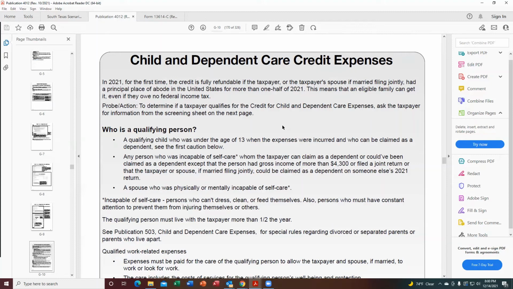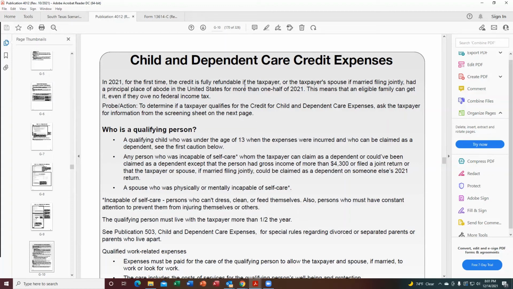So in 2021, for the first time, the credit is fully refundable, meaning people can get this back as part of the refund, versus before it was all non-refundable, meaning they couldn't get it back, because its only job was to reduce taxes to 0.